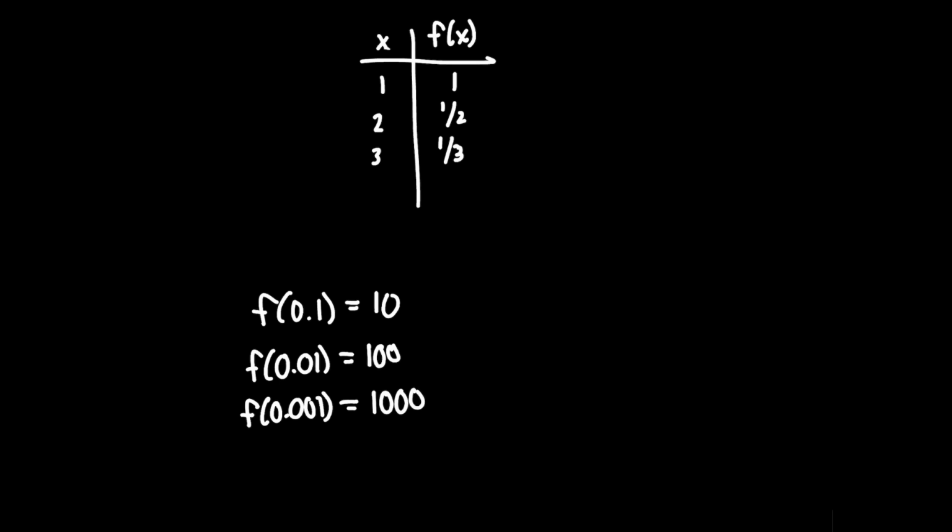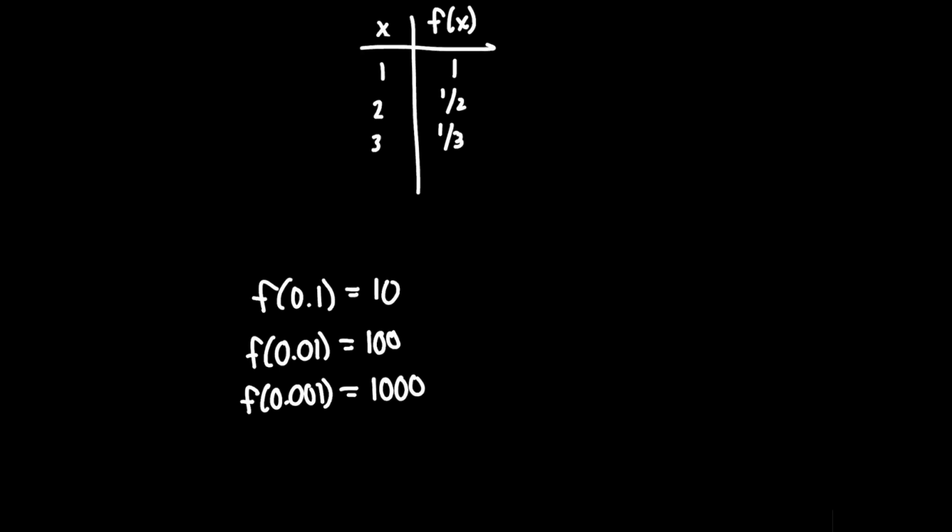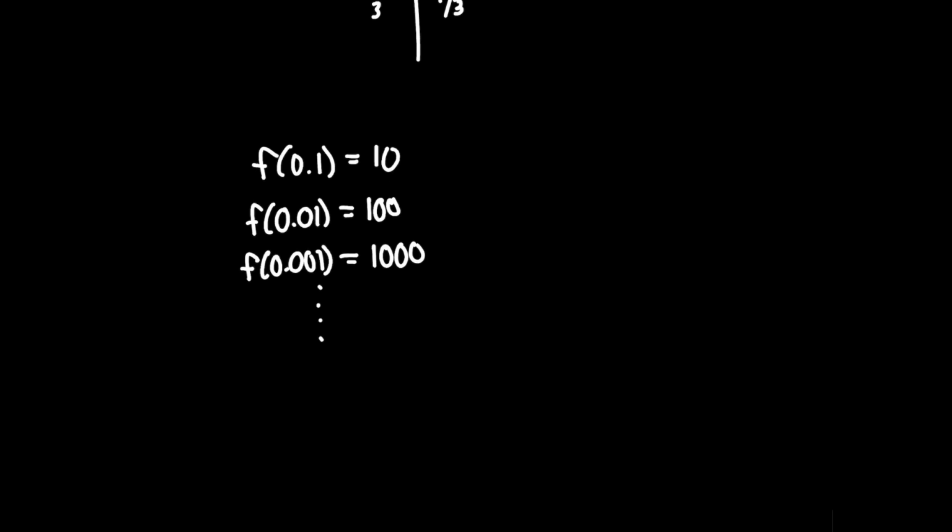And if we keep doing this for a little bit, you'll notice how, as we plug in smaller and smaller numbers, we only get bigger and bigger results. So, ultimately, as our input gets smaller and closer to 0, our output gets bigger and closer to infinity.